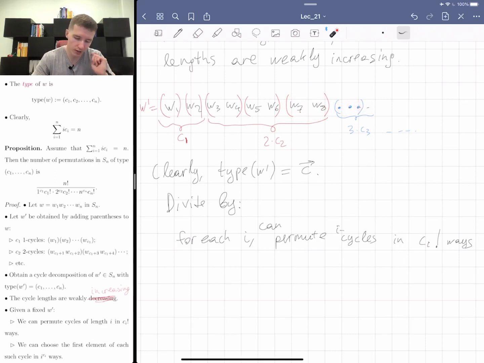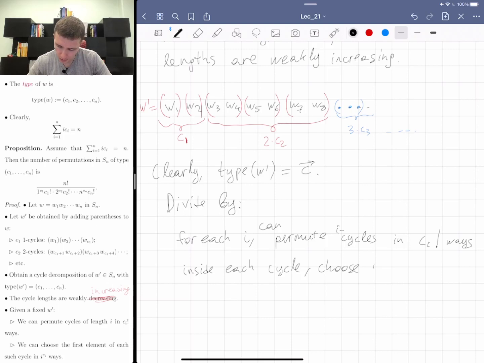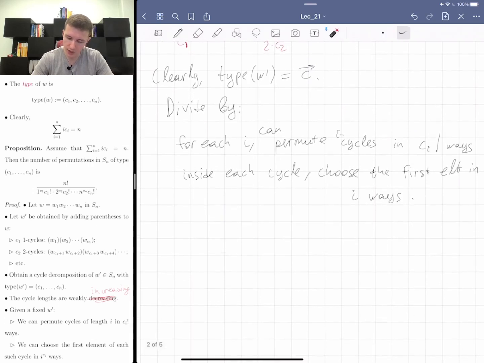So I can choose the first element in i ways. Each cycle has length i, so I choose the first element in i ways. In particular, the number of i-cycles is c_i, so the total number of options is, I choose the first element in each of the c_i cycles, and I also permute the cycles.